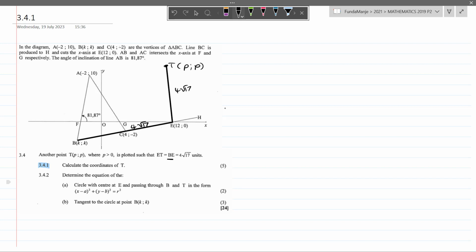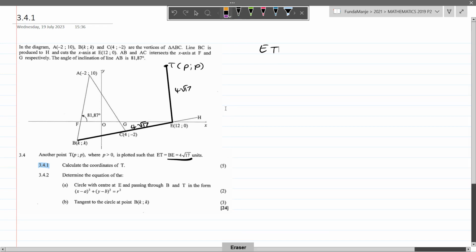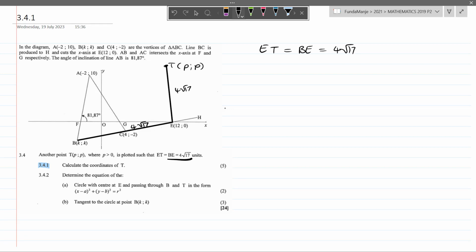So we've been given distance as a clue. That means we have to use the distance formula. So writing down the information we've been given, ET is equal to BE, which is equal to 4 root 17. Then I'll keep ET, but I'll make the substitution for BE with 4 root 17.